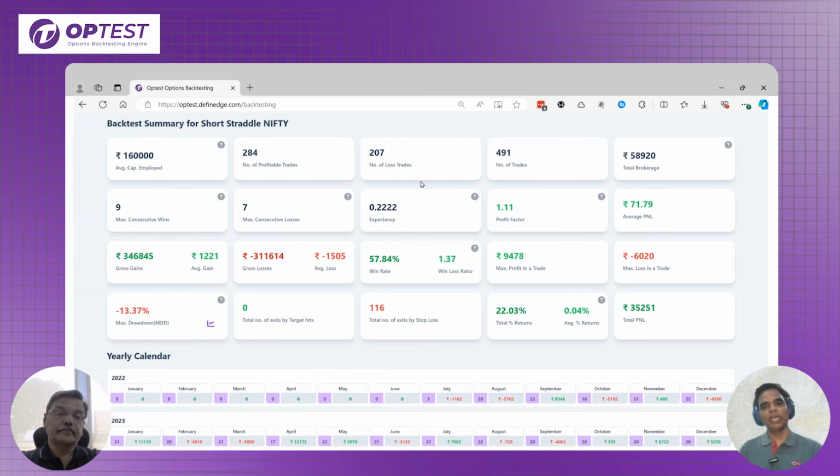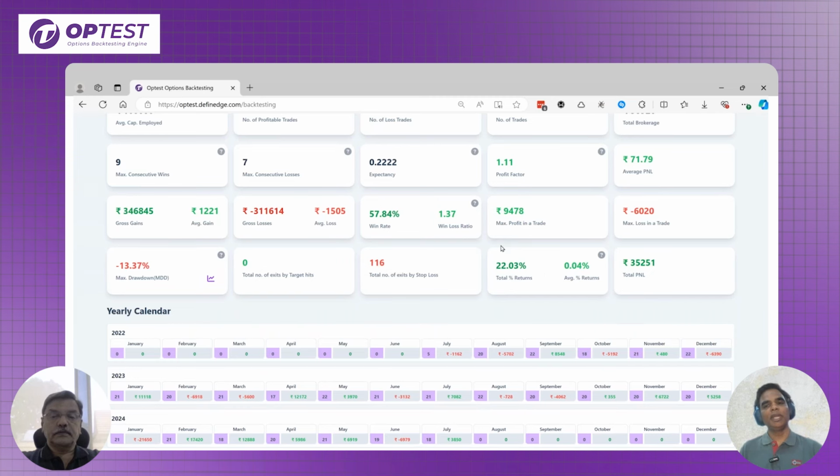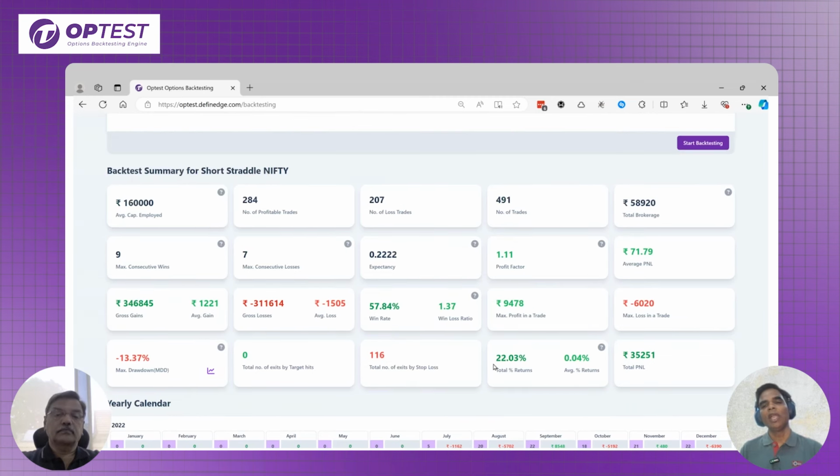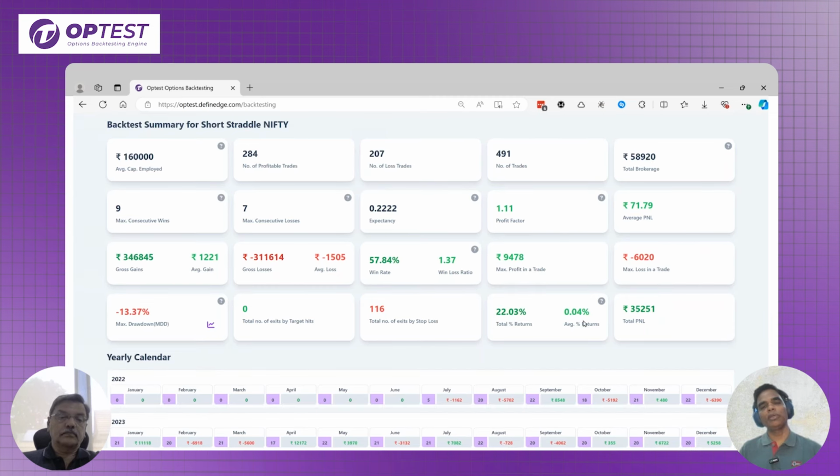So total returns are the total P&L divided by the capital employed. That will give you the returns. Average returns, 0.05% of the margin employed for that particular date.